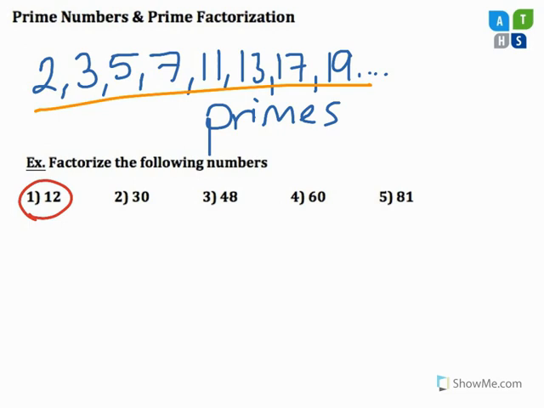So 12, we are going to factorize this number as follows. Now, 12 is, say, 3 times 4. Now, 3 is prime. What is 4? It is not prime. It is divisible by 2. So I will break 4 into prime factors. So 3 times 2 times 2.